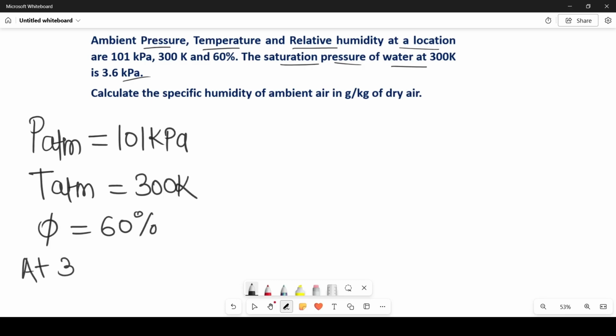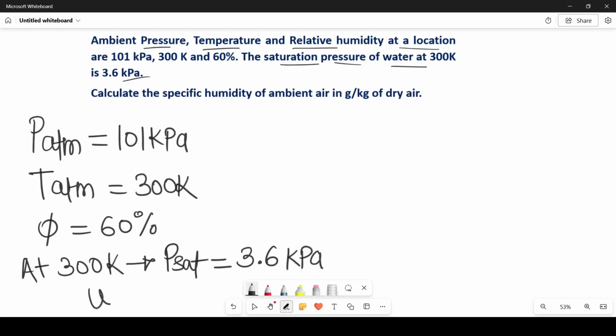At 300 Kelvin, saturation pressure is given, which is equal to 3.6 kilopascal, and we are calculating specific humidity.